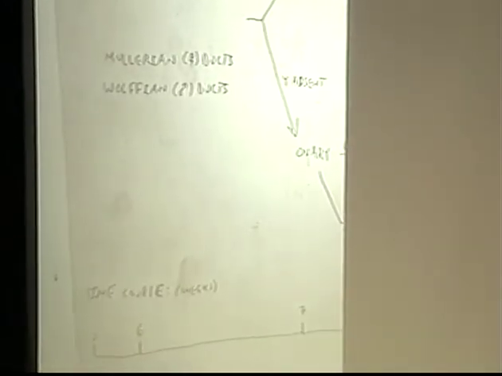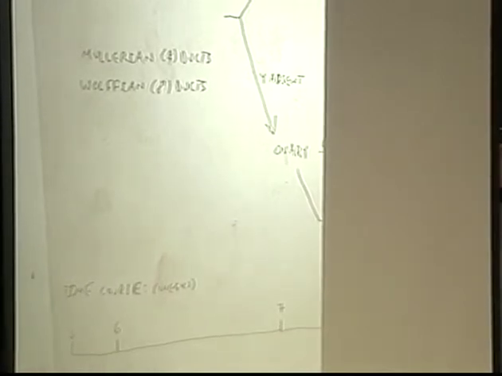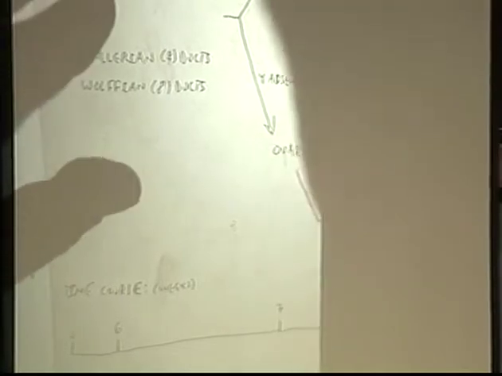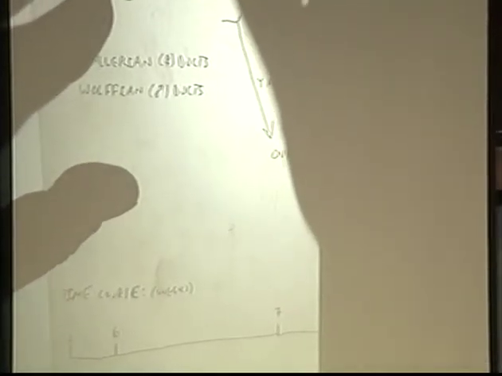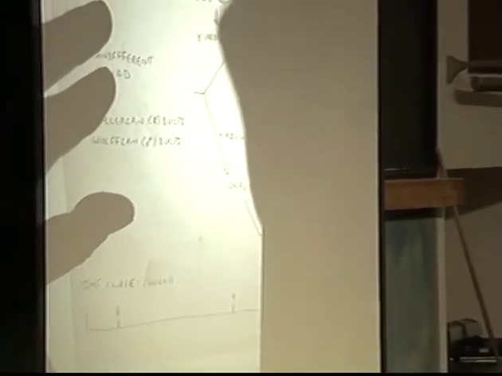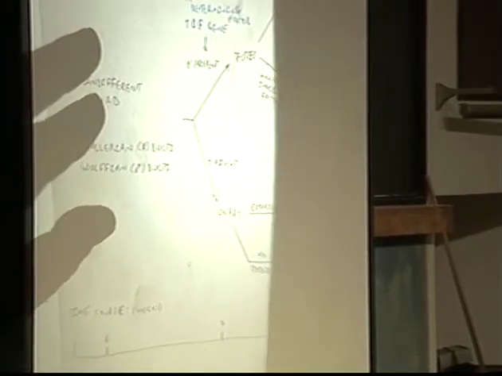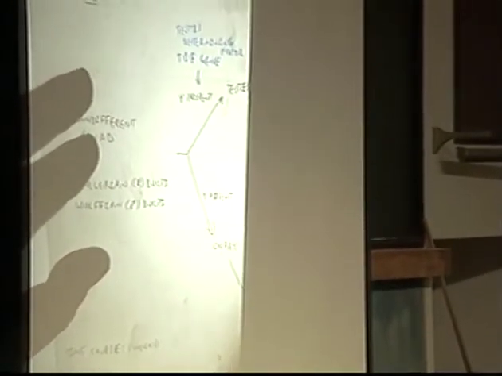Okay. The presence of the Y is critical because of one gene in particular on the Y chromosome, which is called TDF, the testis determining factor. Okay? Testis determining factor.